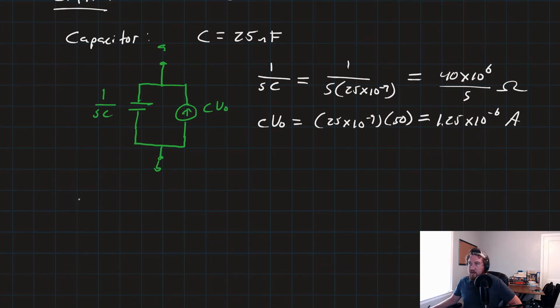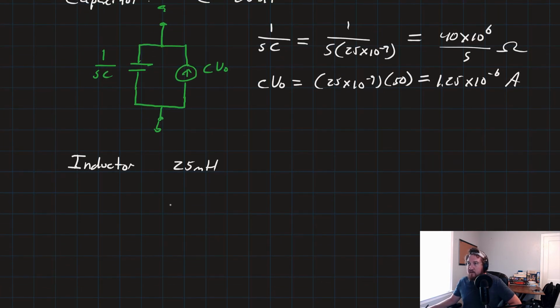But first, let's go ahead and take a look at the inductor, which had 25 millihenries. Now, same deal. We're going to tack on a parallel current source, since there is an initial current.